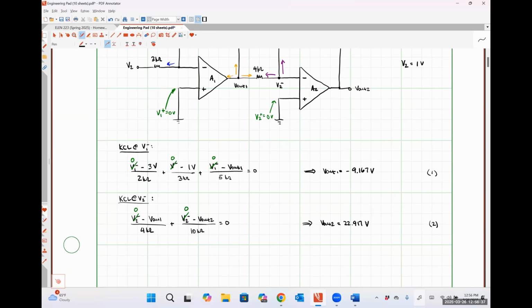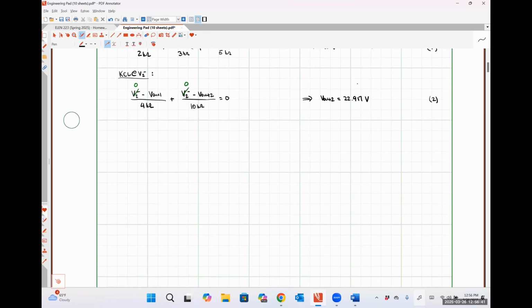Now let's talk about an easier way to do it, okay? So I'm going to scroll down here and I'm going to redraw my circuit. So here is my voltage V, sorry, that should be V1. This is a 2 kilo ohm resistor.